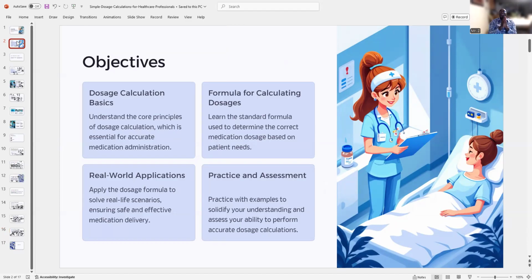And I said again, you're going to learn the standard formula to solve dosage calculation, which is your order times quantity divided by available. I'm so happy because it was a journey.